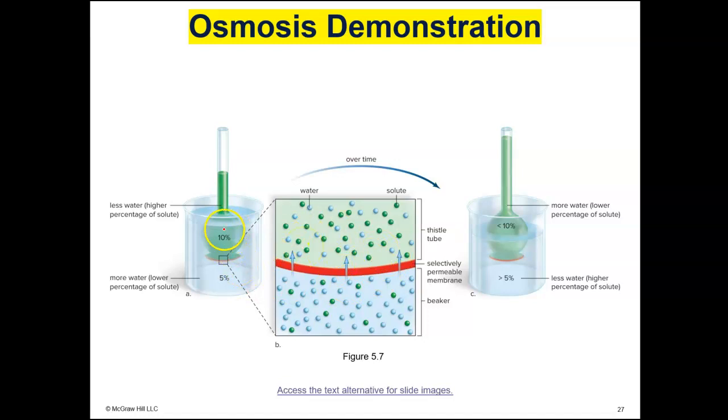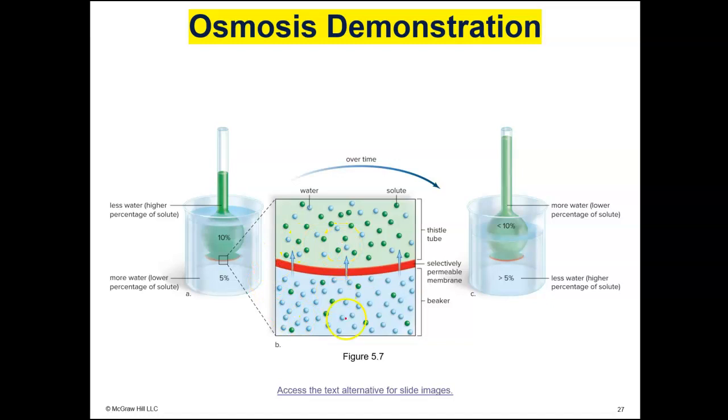So you have a 10% solution inside the Thistle tube. That means 10% solute and 90% water. Then you have a 5% solution in the beaker. So a much lower concentration of solute is in the beaker of water than is in the actual Thistle tube.